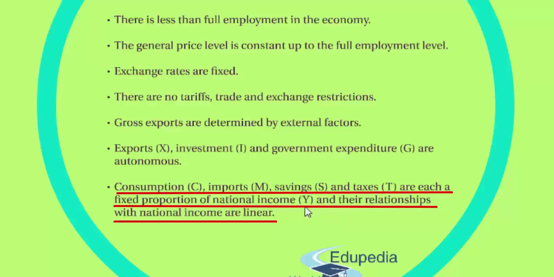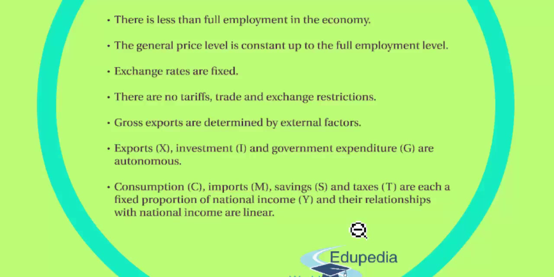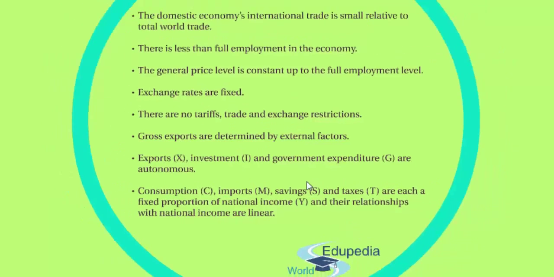We will always consider the national income to be 100%. Suppose initially we consider consumption 25%, imports 25%, savings 25%, and taxes 25%. So this 25% will remain constant even if the national income increases. I suppose all the assumptions are clear now.